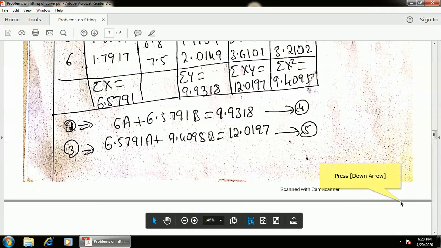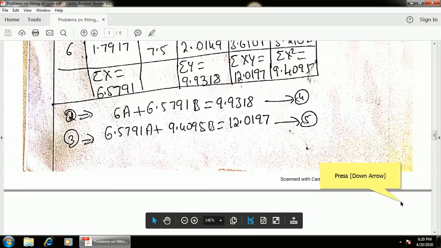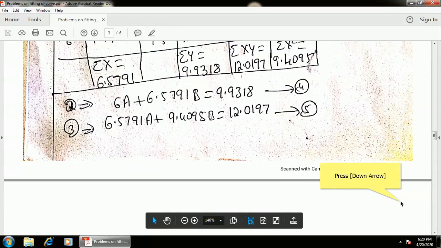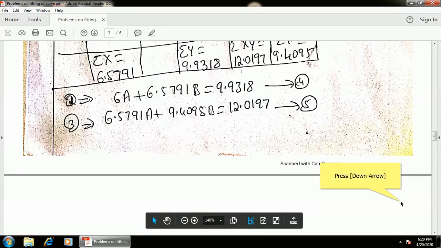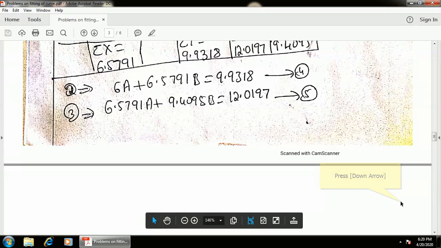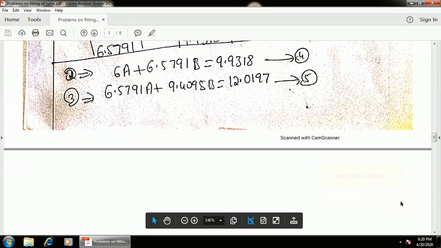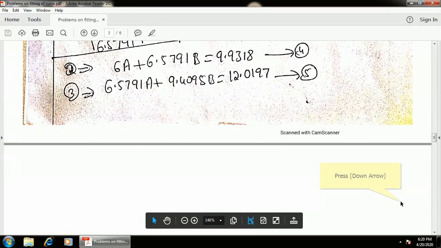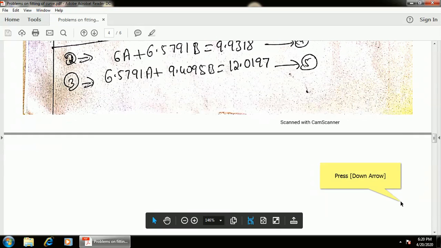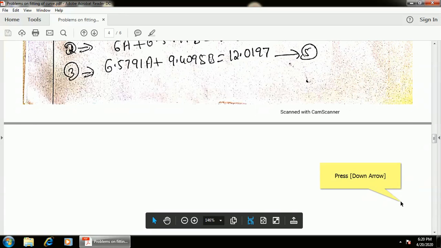By solving those two equations, we are able to get the capital A and capital B values.